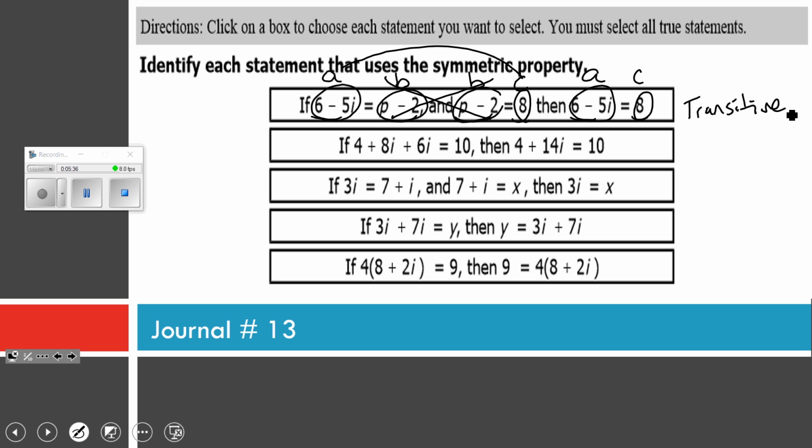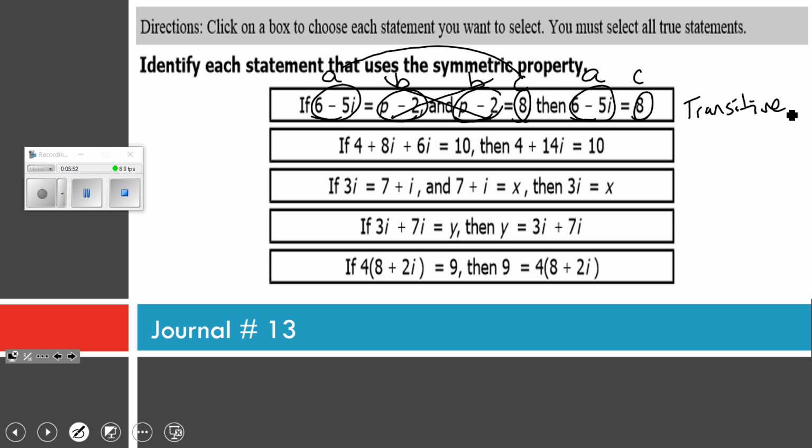Does that make sense? Because I'm not replacing something with equal value. I'm just connecting, if these two parts are equal and these two parts are equal, by process of elimination, we know that the first and the third part are also equal.